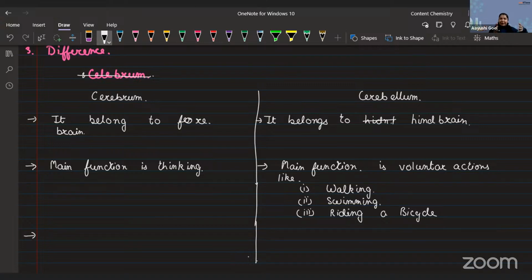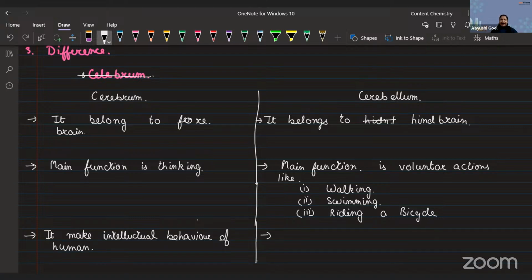The cerebrum maintains the analytical behavior of a human, or we can say it makes the intellectual behavior of a human. That will be a point.